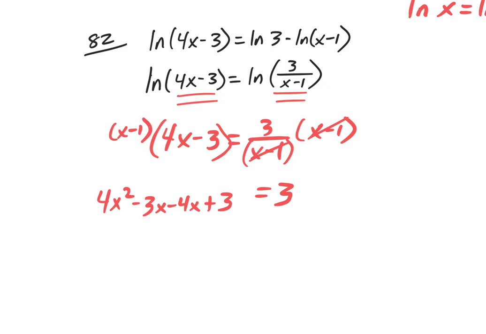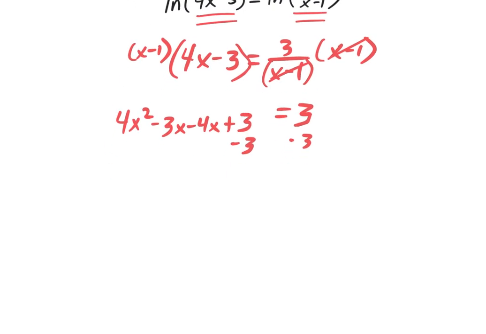And so what I'm going to need to do now is bring the 3 over here to set it equal to 0. Excuse me. Thanks. And I'm going to combine like terms here. So we have 4x squared minus 7x equals 0.